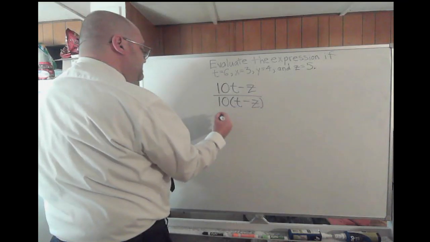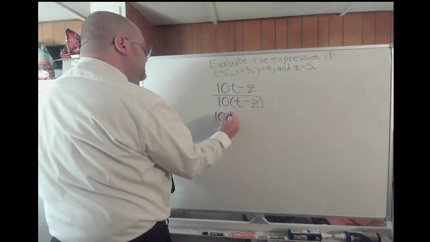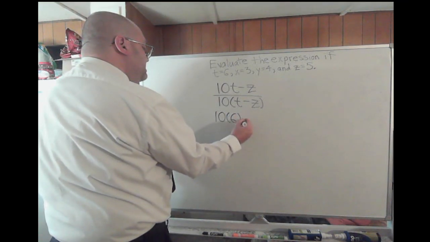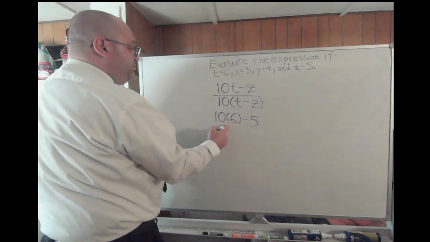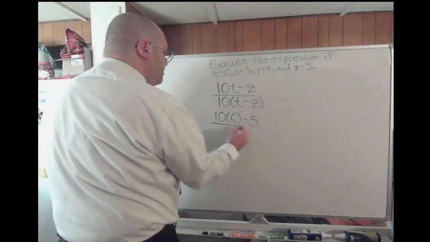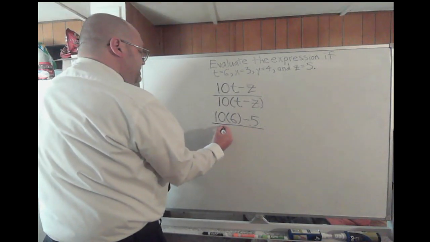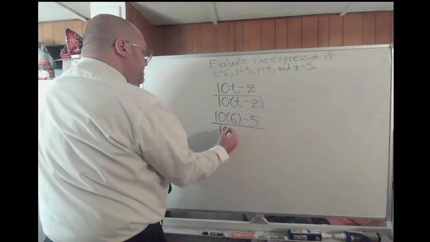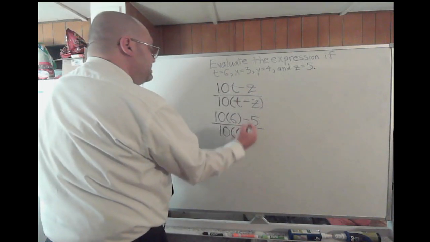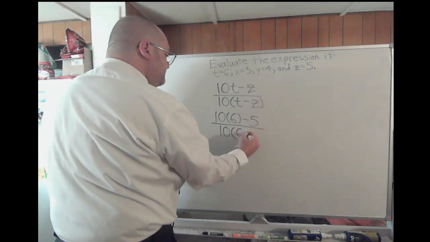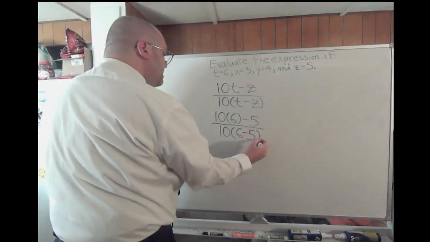T equals 6, so you'll put in the numerator 10 times 6 minus that value of z, which is supposed to be 5. So you'll have 10 times 6 minus 5 in the numerator over the denominator of 10 times the quantity t is 6 minus z, which is 5.